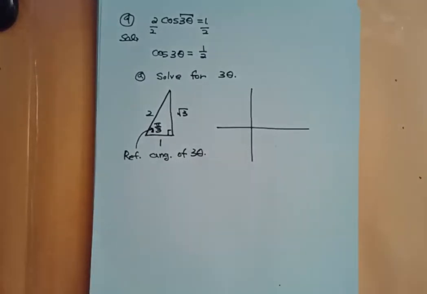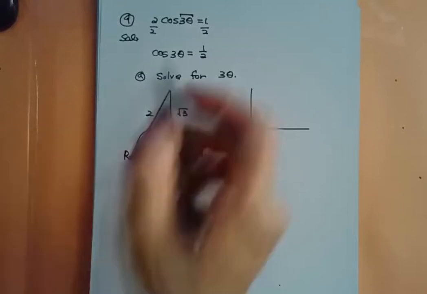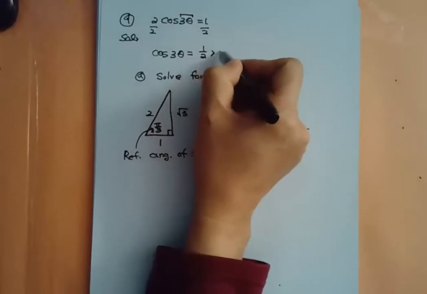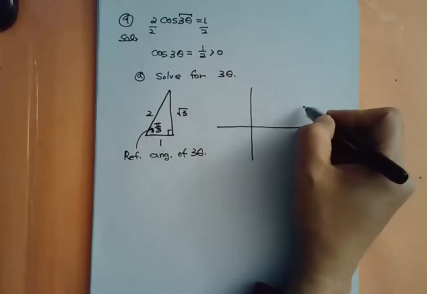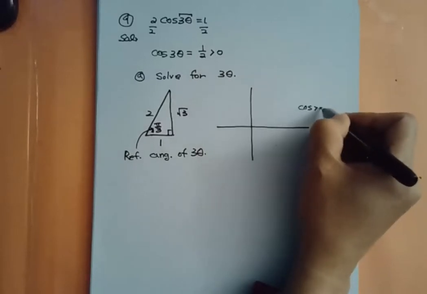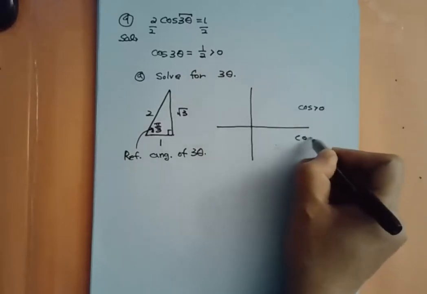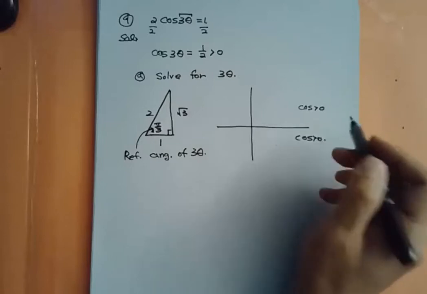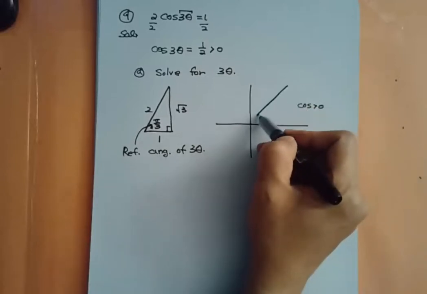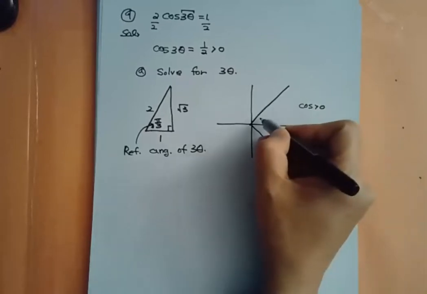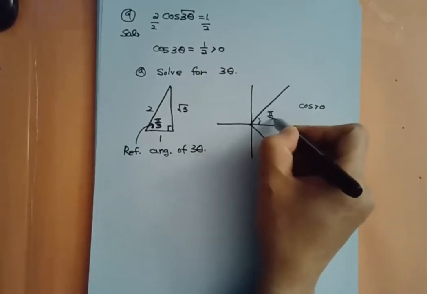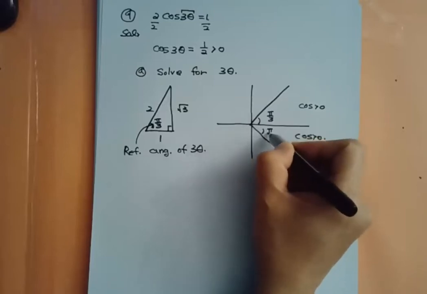And we want to locate the angle. To do that, we observe that the cosine value is positive. So cosine value is positive when x values are positive. So those are located in the first or fourth quadrant. And we use the reference angle pi over 3 here.